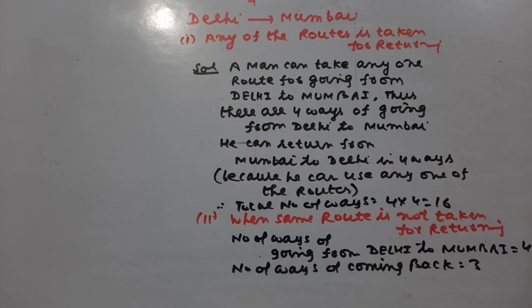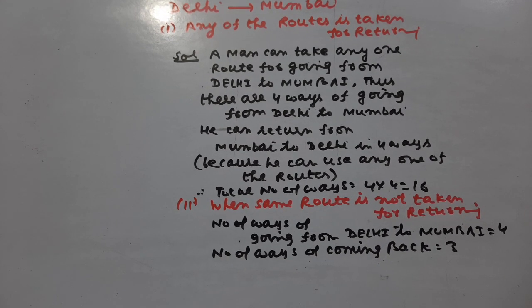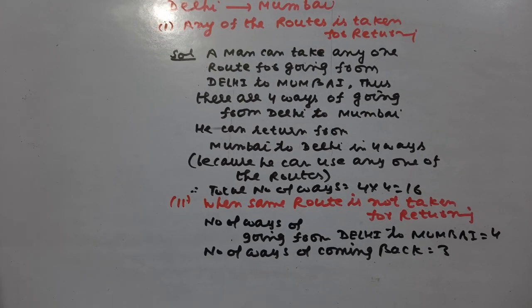Now we are taking 3 because जिस रूट से वो गया है उस रूट को हमने नहीं लेना है. So number of ways of coming back will be 3.